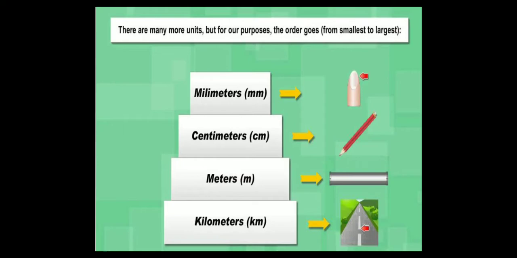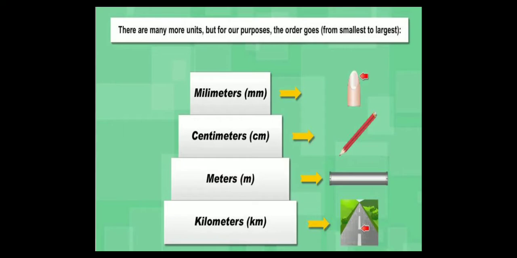Next comes centimeter. Centimeter is for a moderate length, for example the length of a pencil or a pen. So the object will be of moderate size. Then meter. With meter, we find the distance, like how much distance there is from the school to your home.